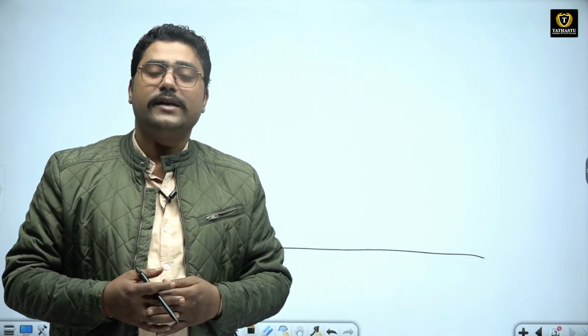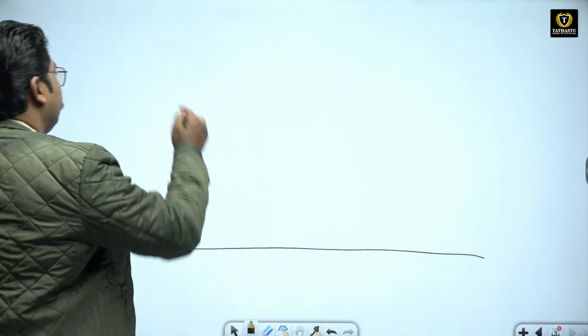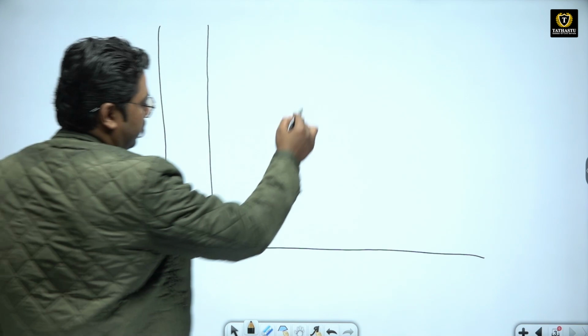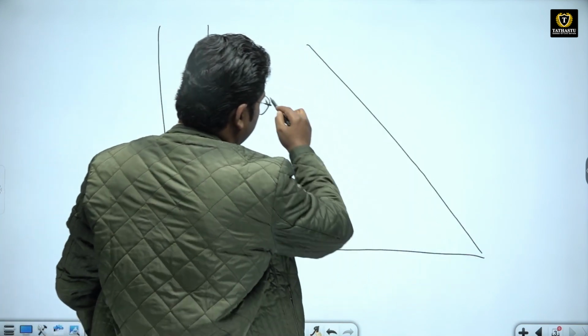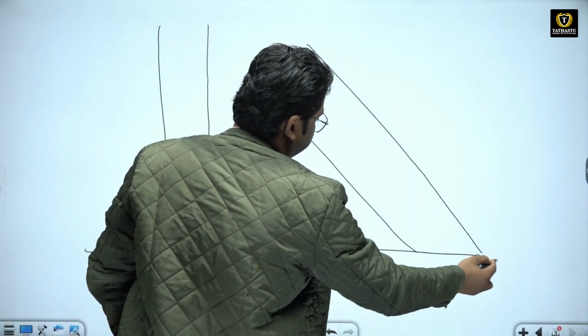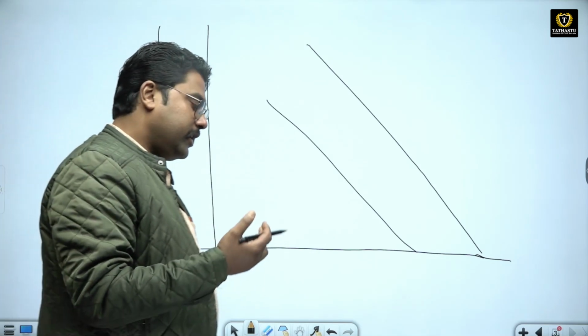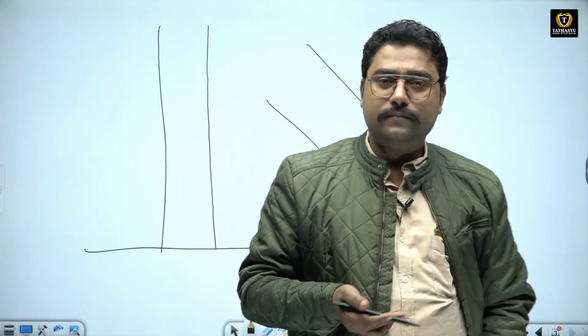In some places the rays are vertical, in some places they are oblique, and in some places they are horizontal. So we are going to see the example of two rays, vertical and oblique. Horizontal rays will become parallel to the ground.